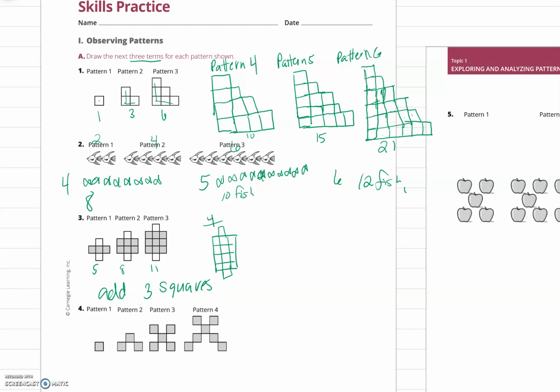So we should have 14 squares. So let's see, we have 3, 6, 9, 12, 13, 14. Nice. Pattern 5, we should have 17 squares when we are done. So we're going to have 5 there in the middle.